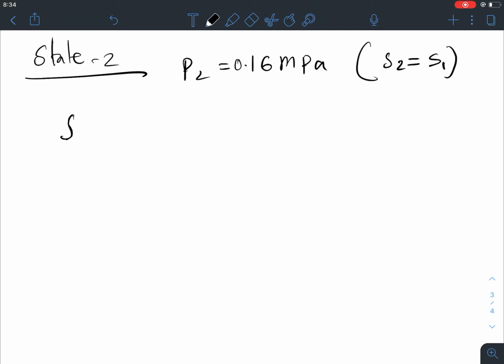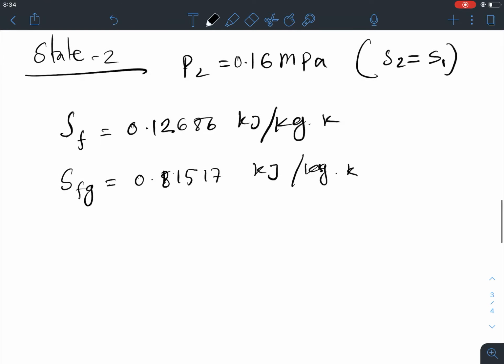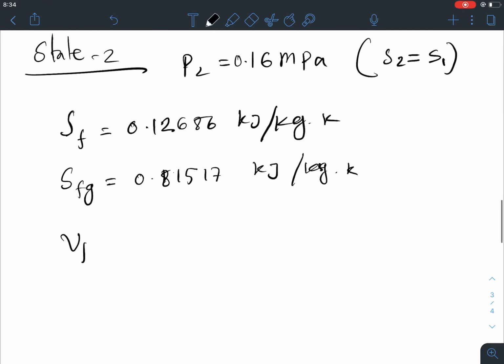For example, the entropy of the liquid, sf, equals 0.12686 kilojoule per kg Kelvin, and the entropy of the liquid-vapor, sfg, equals 0.81517 kilojoule per kg Kelvin, right?